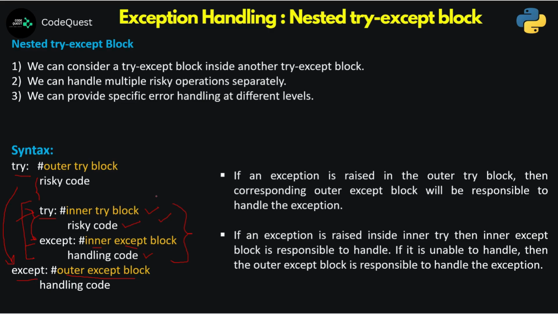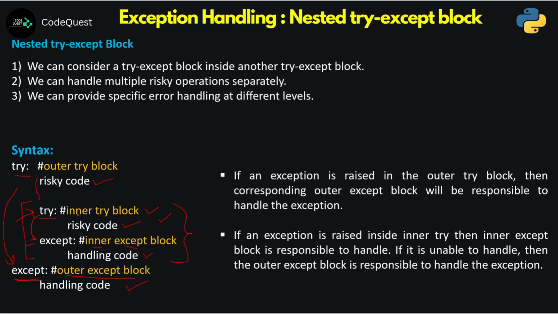Now let's look into how it works. Let's imagine an exception occurred in the outer try block. Of course the outer except block is responsible for handling the exception.